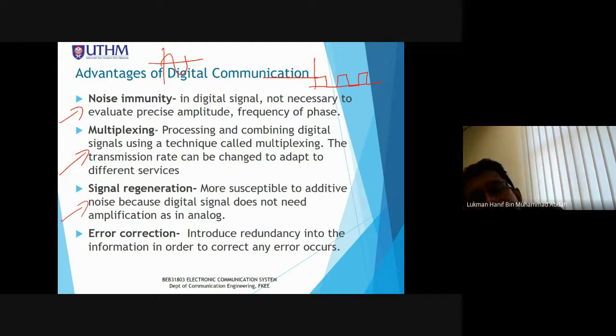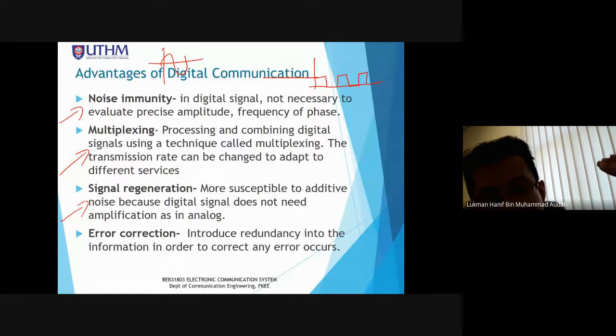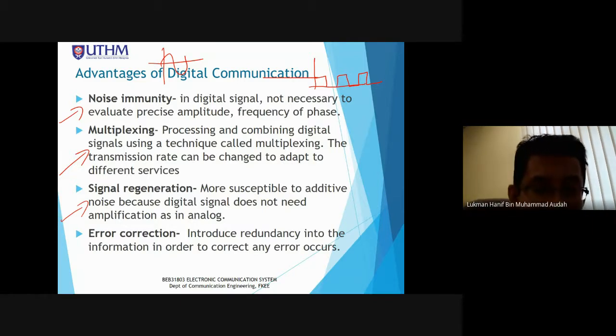Signal regeneration. Ini antara kebaikan yang bagus juga. Signal regeneration means that we can regenerate the signal again. Okay, dia bukan amplify. This regeneration does not mean amplification. Regeneration means that we regenerate or kita hidupkan semula signal tersebut. So apa yang berlaku adalah antara transmitter dan receiver. Antara transmitter dan receiver ini kalau kita cerita, saya nak tunjuk contoh wired lah senang.